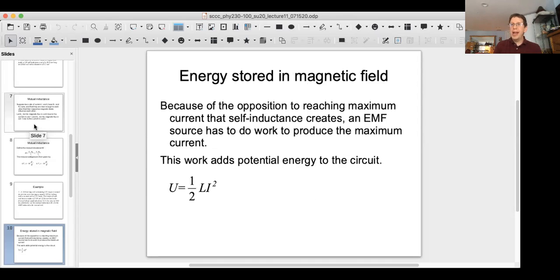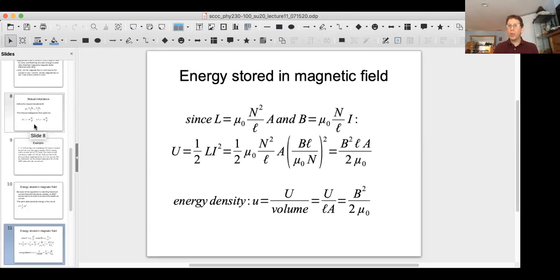Magnetic fields store energy. Inductors store energy. Capacitors, when they store charge, are also storing energy. The potential energy stored in an inductor is equal to 1/2 times L, the self-inductance, times I squared. You can write that in terms of the energy density, or the energy stored per volume of the inductor, and that's equal to B squared, whatever magnetic field is inside the inductor, divided by 2 μ0.